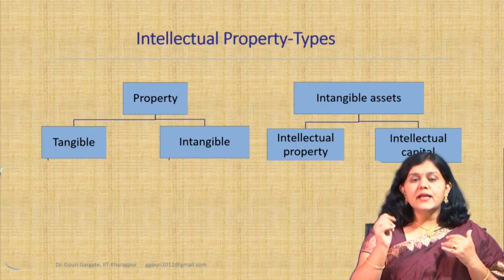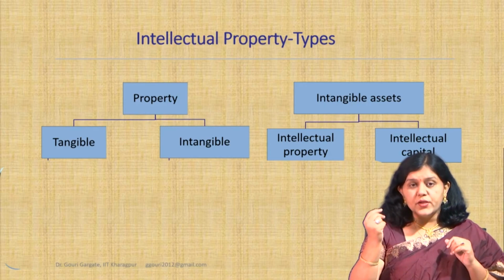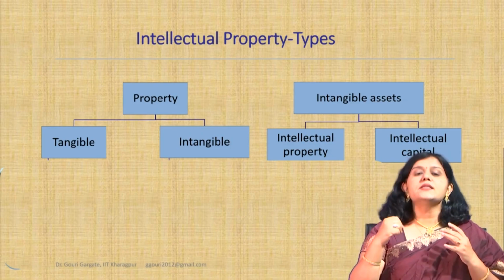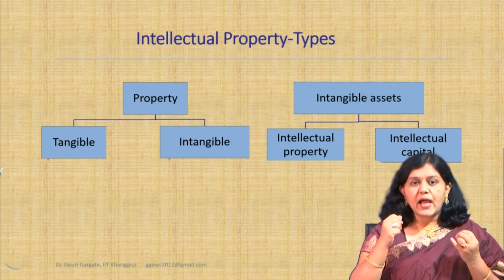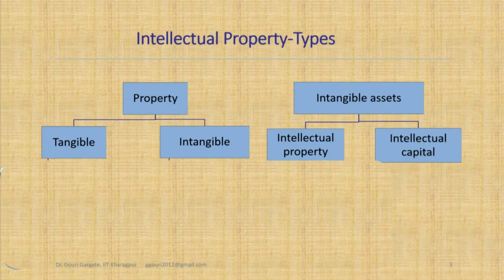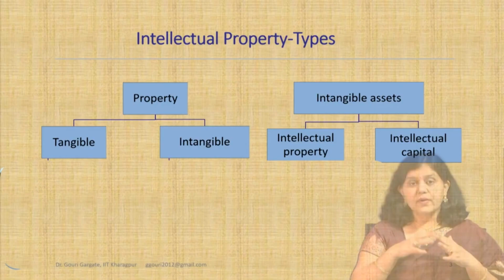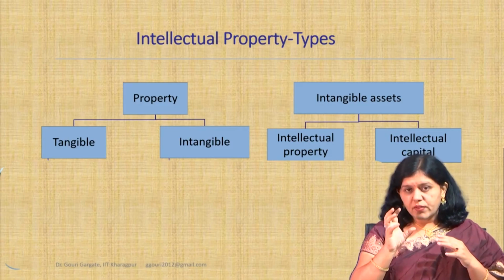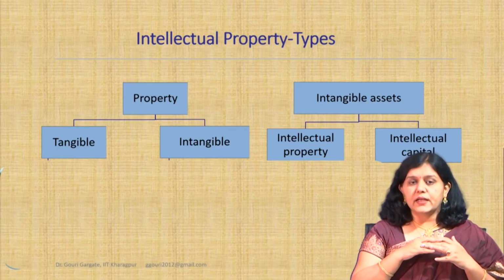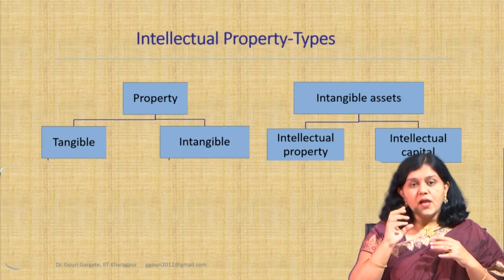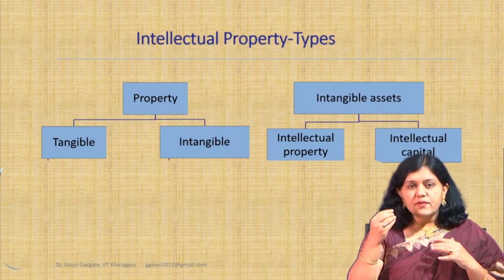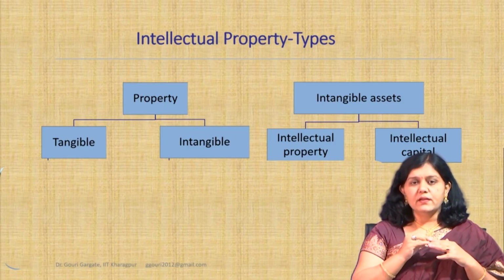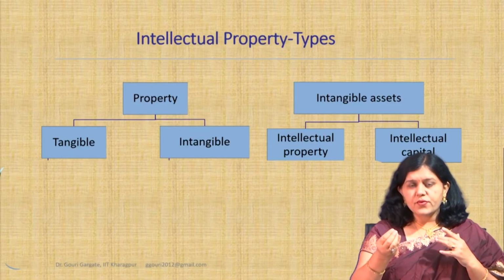And those intangible assets are divided again into two types, that is intellectual property and intellectual capital. Now, we are not going into details of intellectual capital much, but we will talk more about intellectual property. But to give you a little feel about intellectual capital, I will give you a few examples.